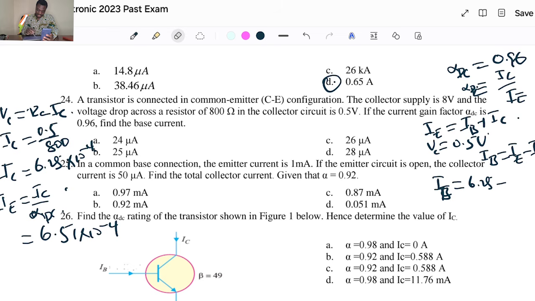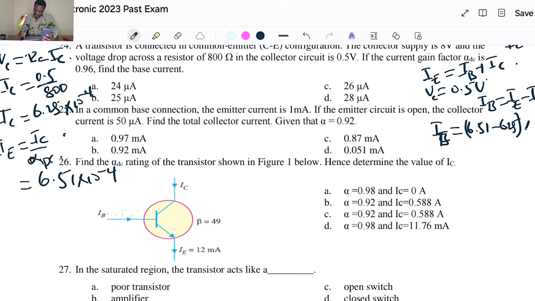So we have 6.51 minus 6.25, remembering we're putting times 10 to the power minus 4 here. That is going to give me 0.26.